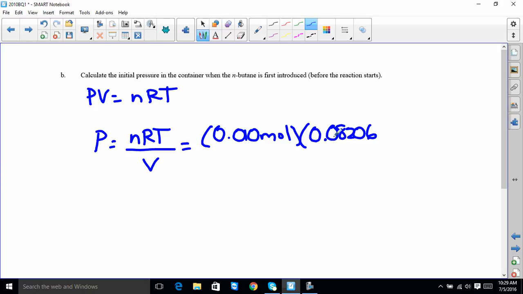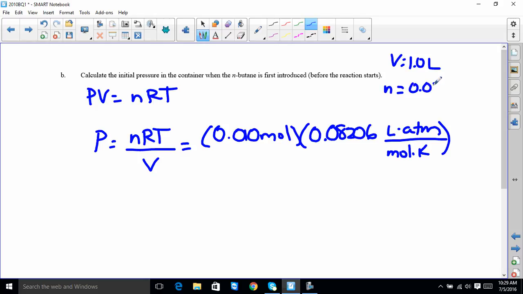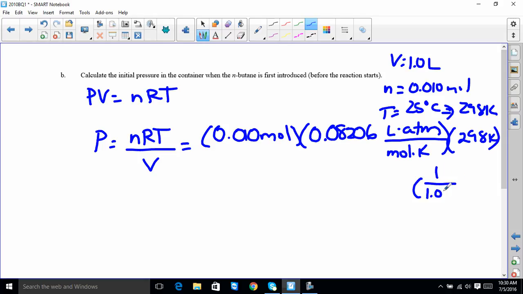They will probably have 0.0821 here, but the new formula sheet has this listed as R. And then they told you the temperature, so they told you the volume was 1 liter, and the moles was 0.010 moles, and they told you that the temperature was 25 degrees Celsius, which is 298 K. I'm running out of room here, but just pretend n, R, and T are all on the top, so then just 298 K.